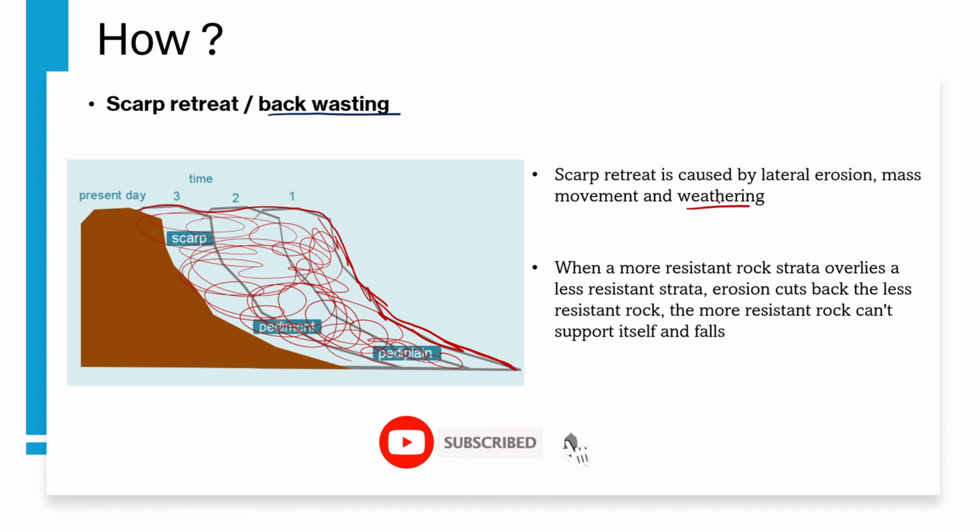It is scarp retreat or back wasting. It just means that here we've got lateral erosion. When you say that the erosion is lateral, it is sideways. It is the erosion that is happening on the sides of the plateau, or the sides of the mesa. So in this case, the scarp retreat is caused by lateral erosion as well as mass movements and weathering. We're still going to talk about mass movement later on.